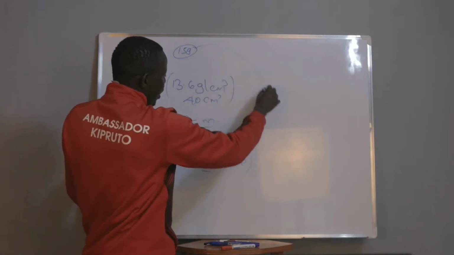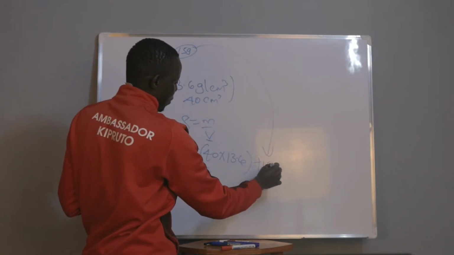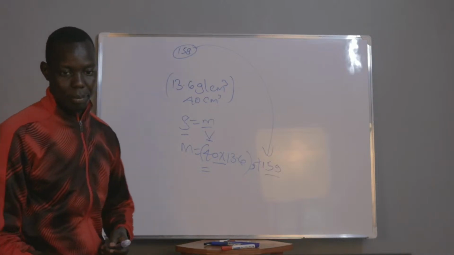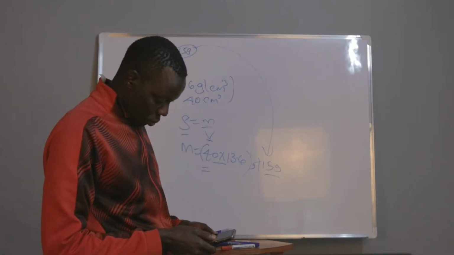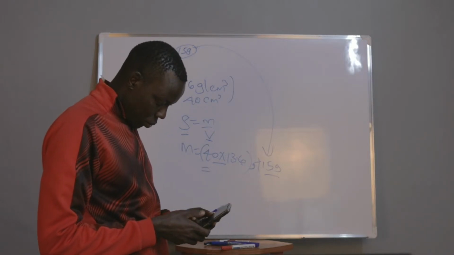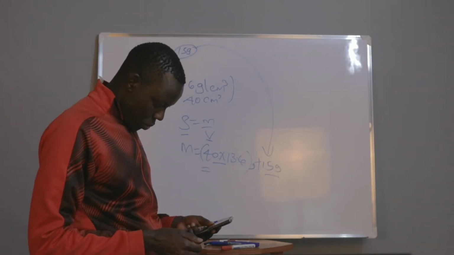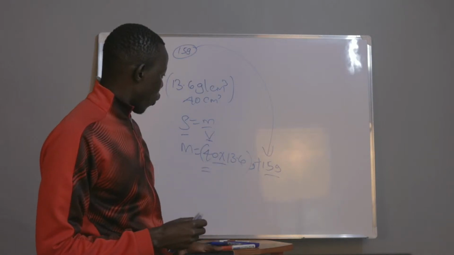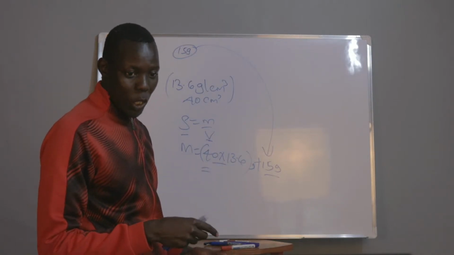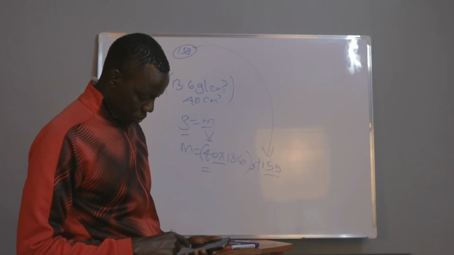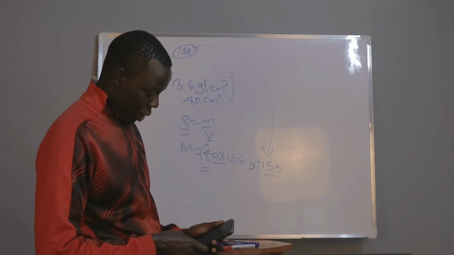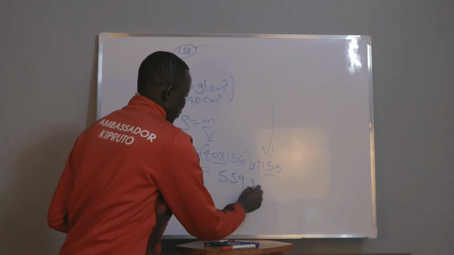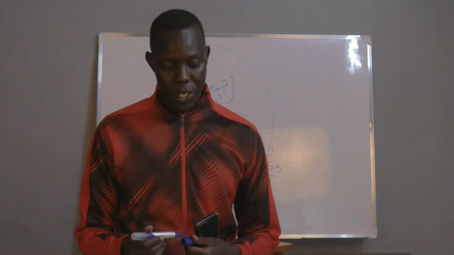Then you add 15 grams. 40 times 13.6 is 544. Now add 15: 559. Good. 559 grams.